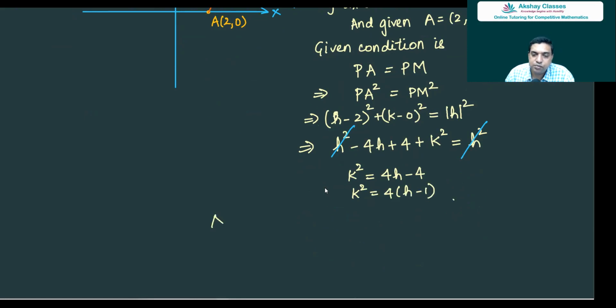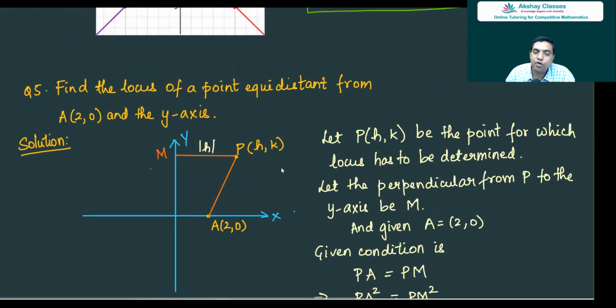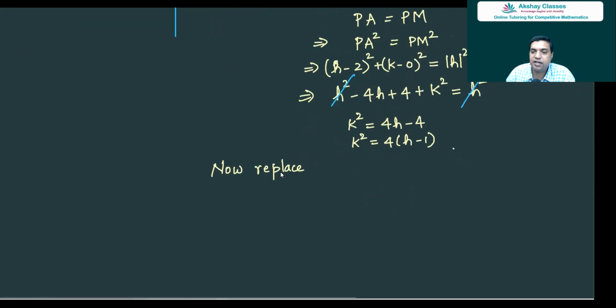Now h was some point. We want to make it a general point, so replace h by x and k by y.